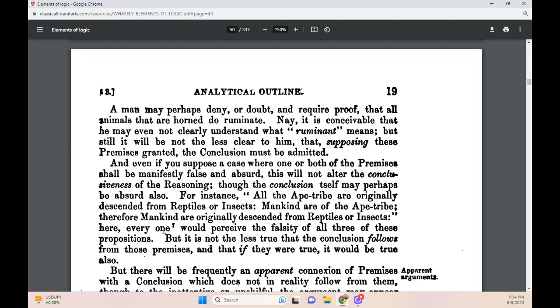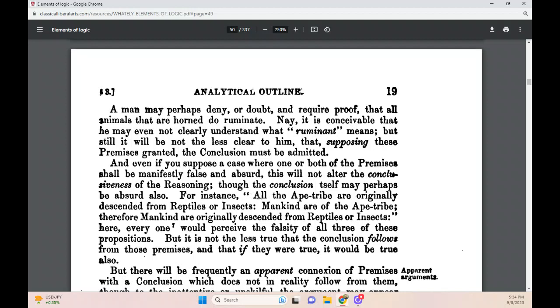Here, everyone would perceive the falsity of all three of these propositions. But it is not the less true that the conclusion follows from those premises. And if they were true, it would be true also.